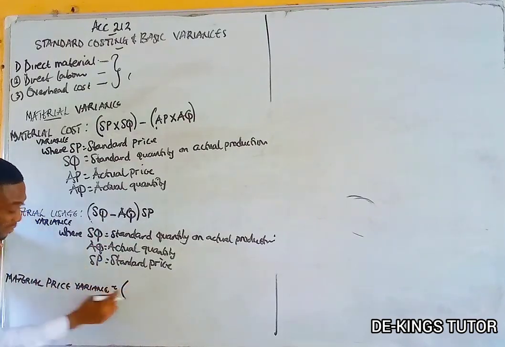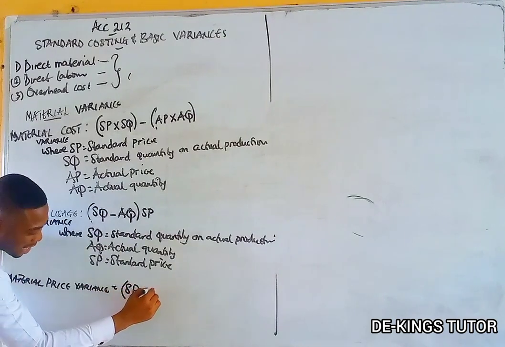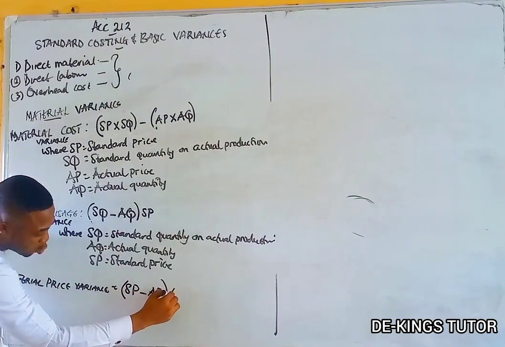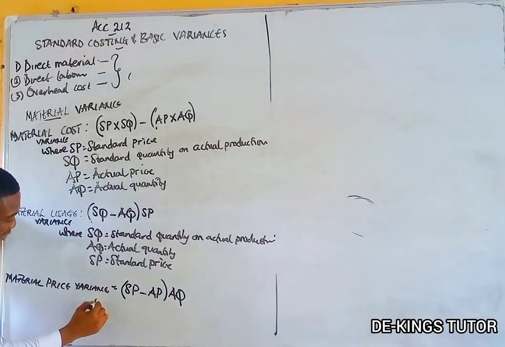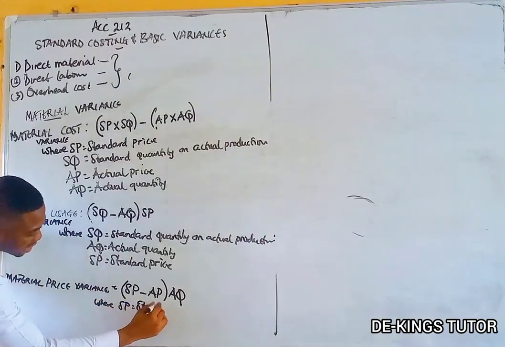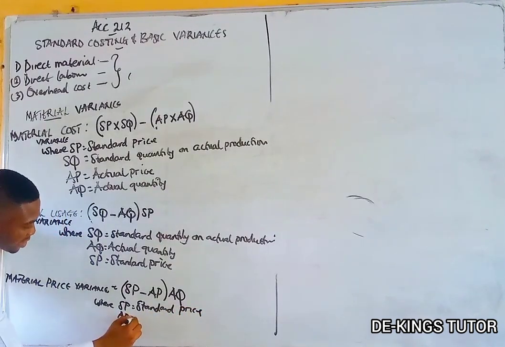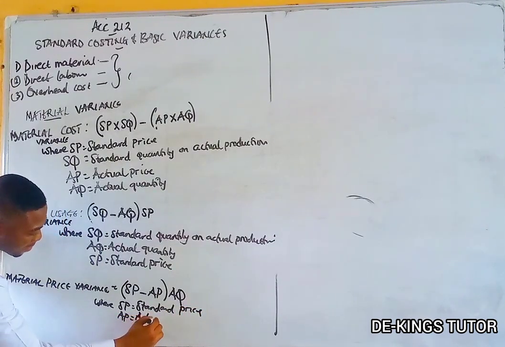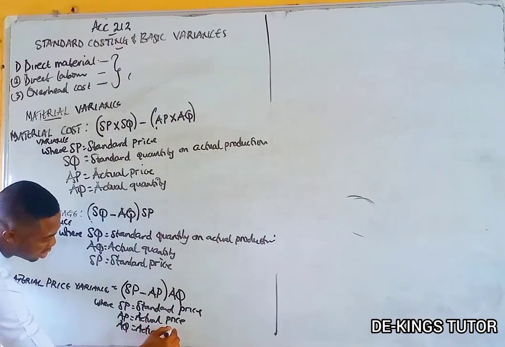So to get the variance for the price, it will be the standard price minus the actual price, and this will be on actual production or actual quantity. So SP is our standard price, AP is our actual price, and AQ is our actual quantity.